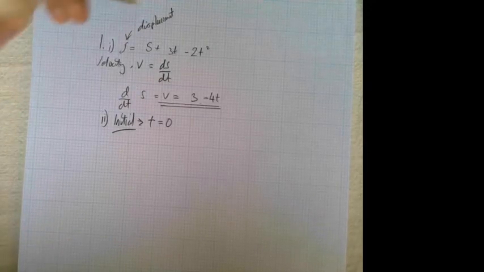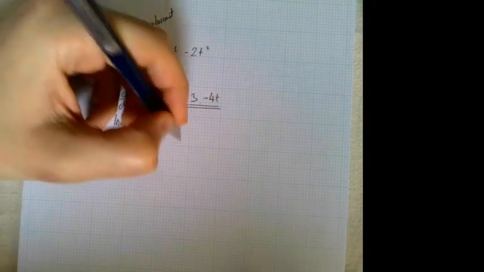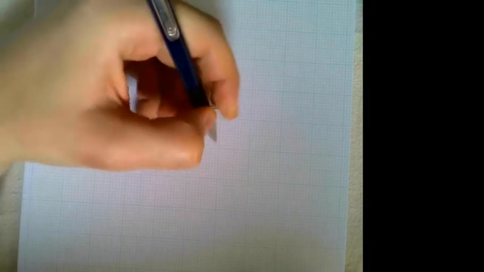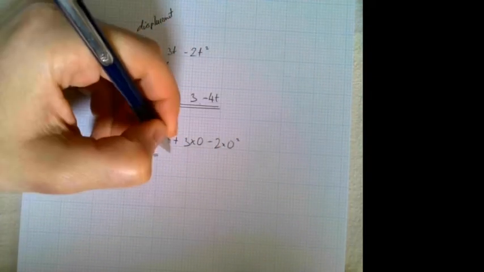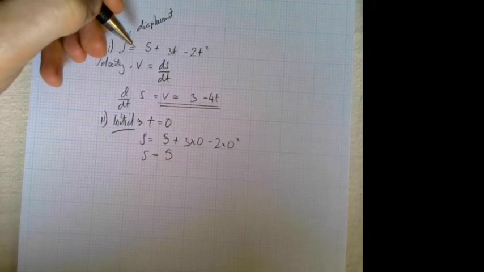So when time is 0, the initial displacement is going to be 5 plus 3 times 0 minus 2 times 0 squared. So the initial displacement is going to be 5. We're not told any units, so we'll just leave it at that.